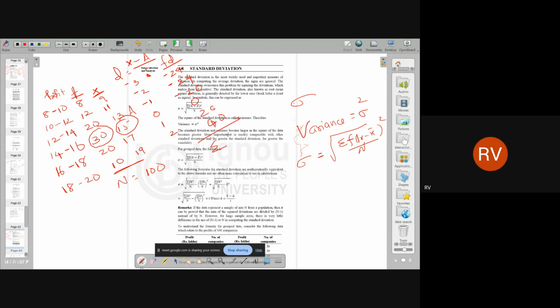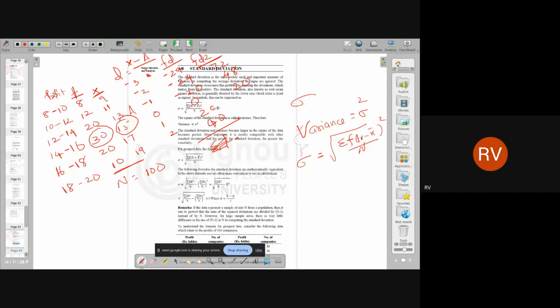Then find the sigma FD squared. Then this is sigma FD. Then find the FD square. FD square is FD into D. 24 into 3, that is 72. This is 48. This is 20.